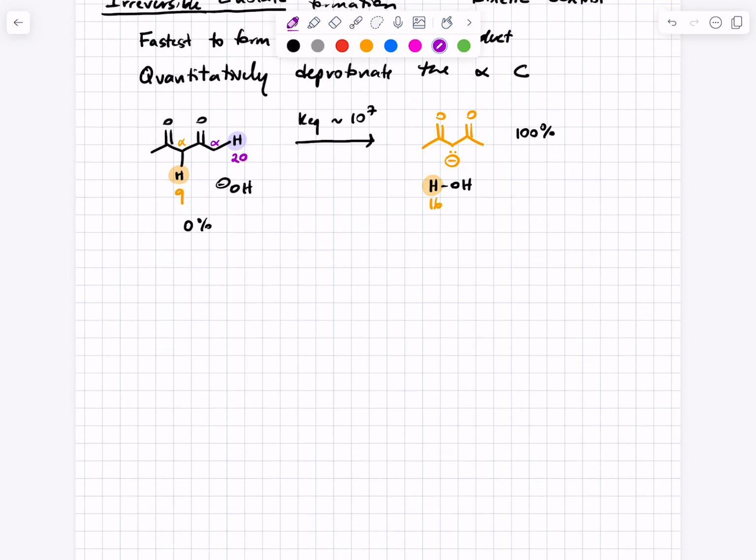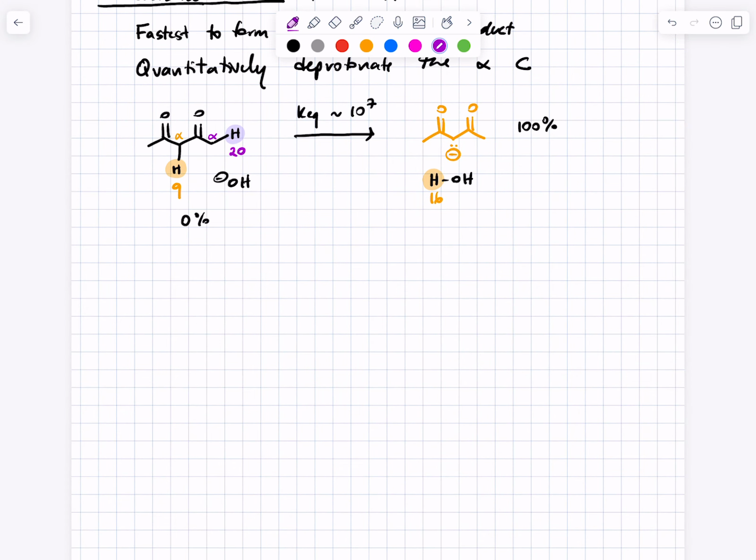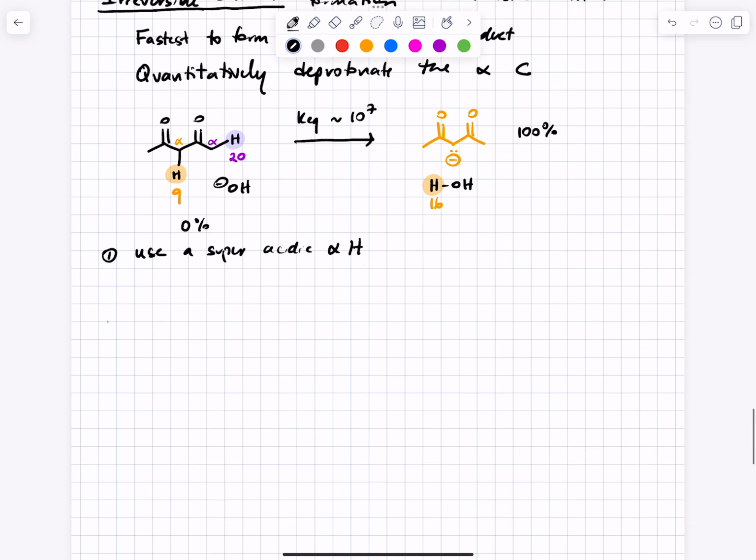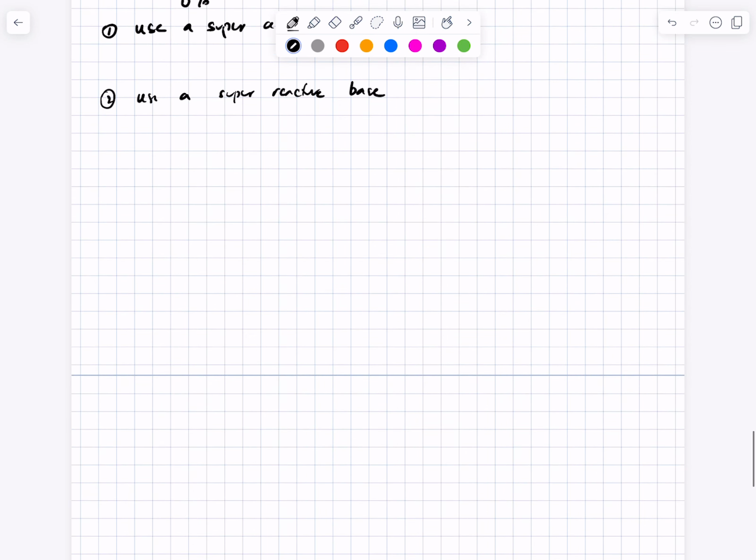Another situation where you can see irreversible enolate formation. So one strategy for irreversible enolate formation, what I just showed you, is to use a super acidic alpha proton. Strategy 2 is to use a super reactive base, that is, a base that is able to 100% remove the alpha proton to form an enolate.